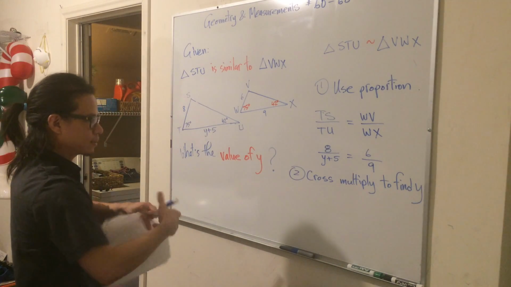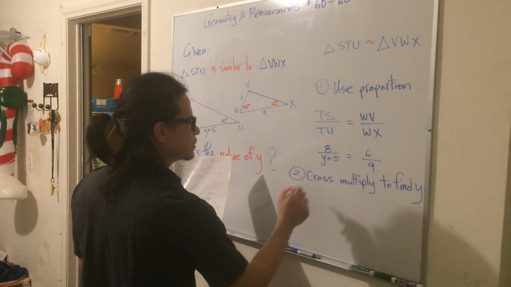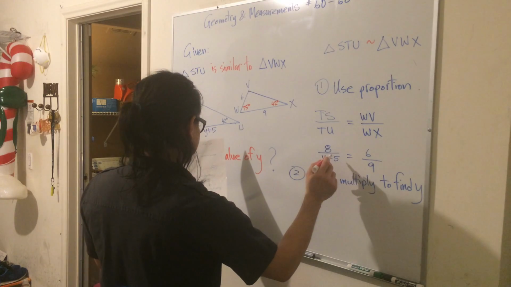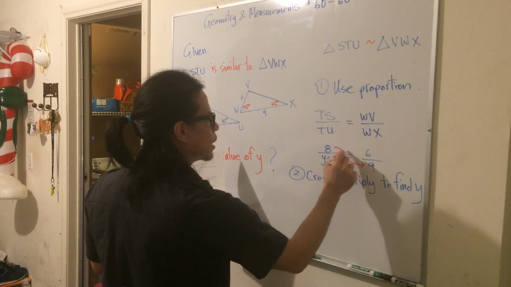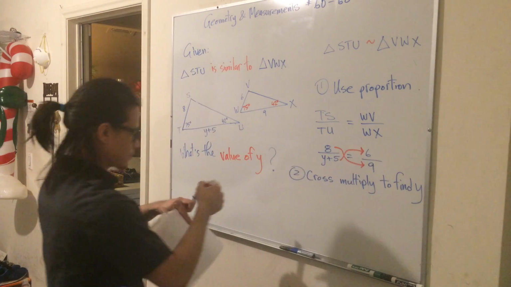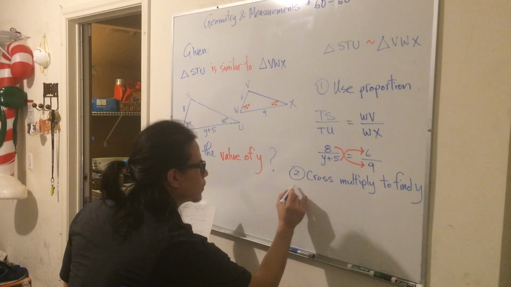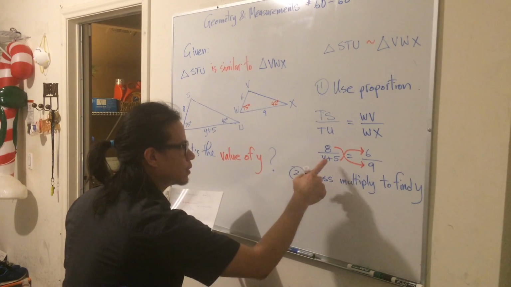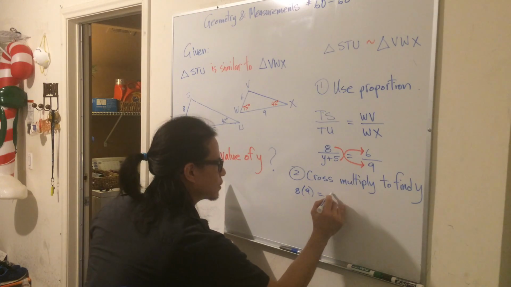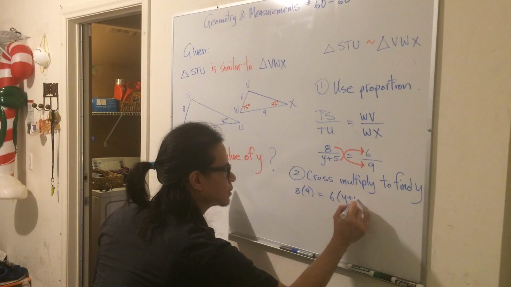Let's take y plus 5 times 6 and 8 times 9. So 8 times 9 equals y plus 5 times 6. It's common that we put 6 first and then y plus 5.